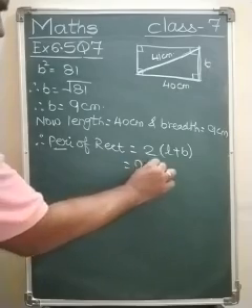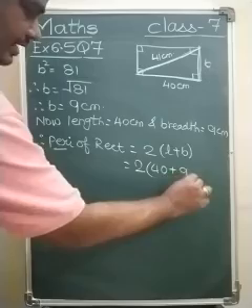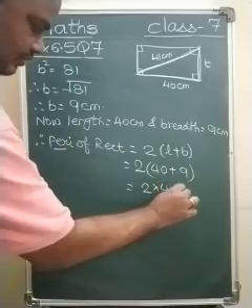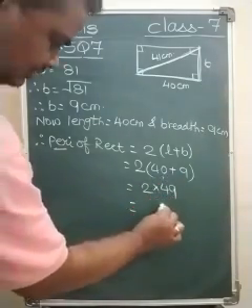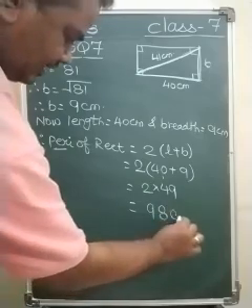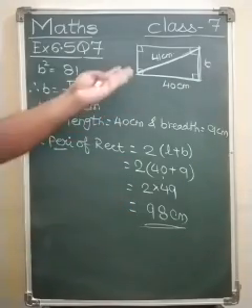This equals 2 multiplied by 40 plus breadth 9, which equals 2 multiplied by 49. 2 nines are 18, 2 fours are 8 and 1, so 98 centimeters, and done. So we have found the perimeter of this rectangle.